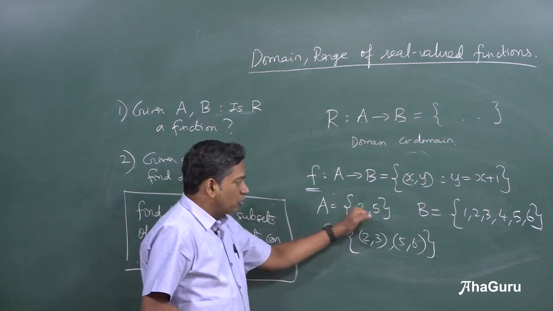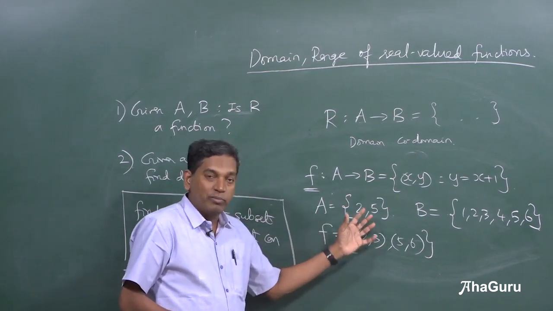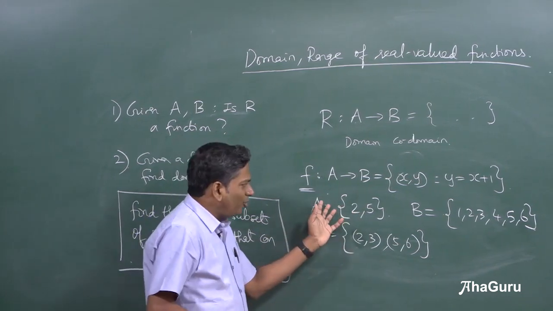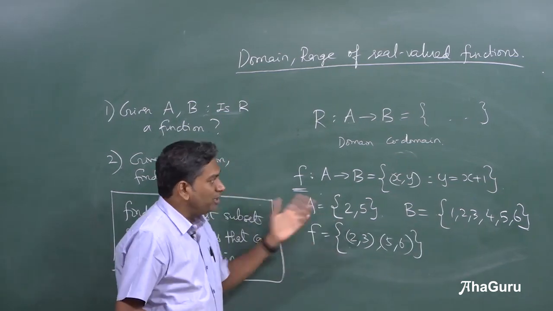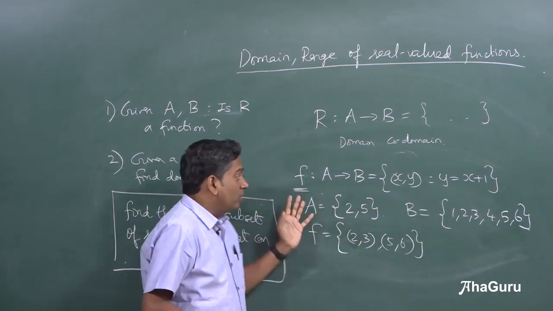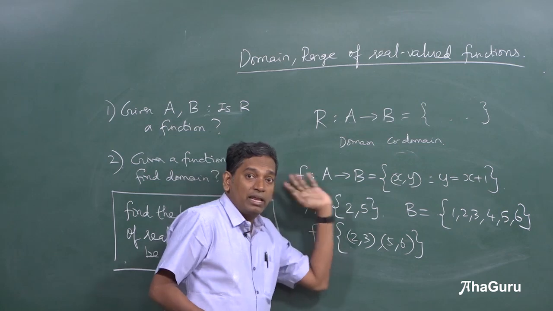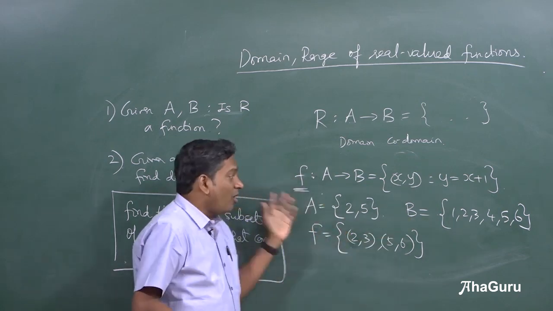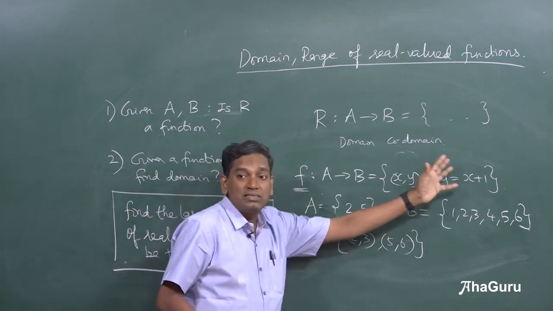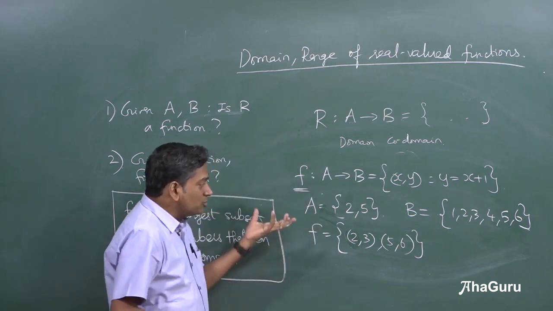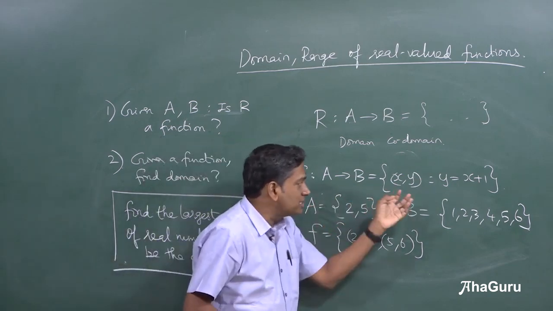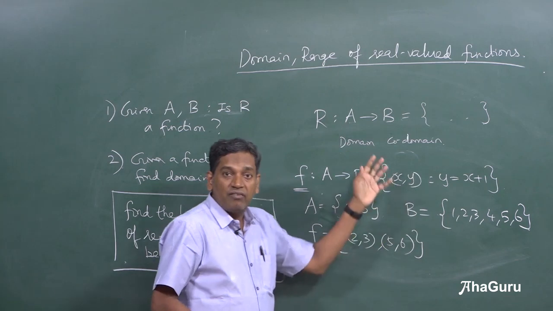For example, 2 comma 5 is clearly allowed to be a domain, but you can add all positive numbers, that will also be a domain because it will satisfy. You can in fact add all negative numbers and positive numbers; all real numbers will still satisfy. Why? Because there is no real number for which this will be a violation of the function definition.